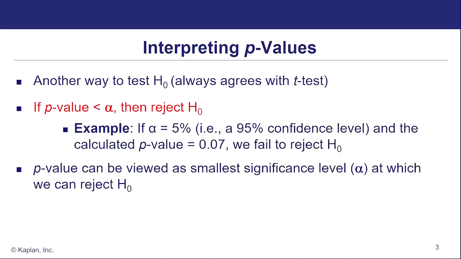All right, so now just a quick interpretation of p-values. There is no LOS in this reading that gets into interpretation of p-values, or more precisely, hypothesis testing of a single slope coefficient. The p-values that we are looking at are used just for that, for hypothesis testing.